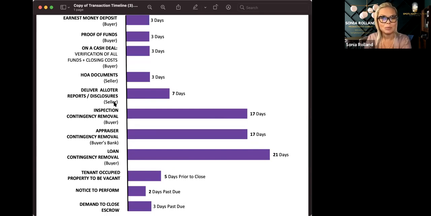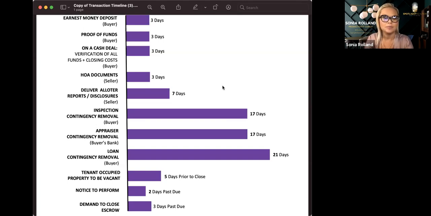The seller has to basically give you all kinds of reports and disclosures, including the natural hazard disclosure. If you're on the listing side, that's really the only thing that you pay for. The agent normally pays for it. You can ask your seller to pay for it, but it's less than $100 normally. And if you've never used, for instance, Wendy at Snap NHD, the first time they always give you a discount for using them.